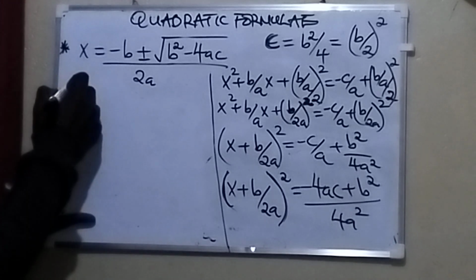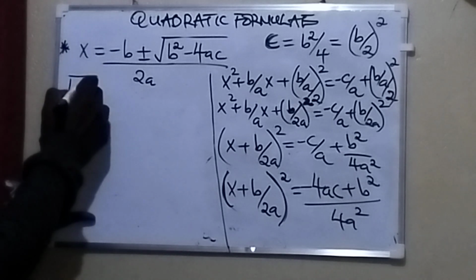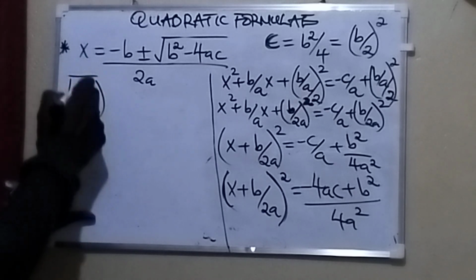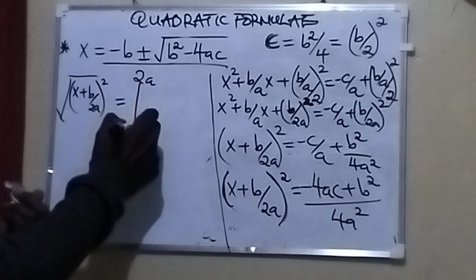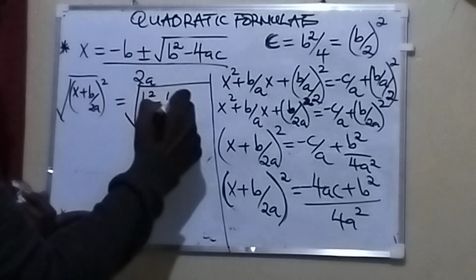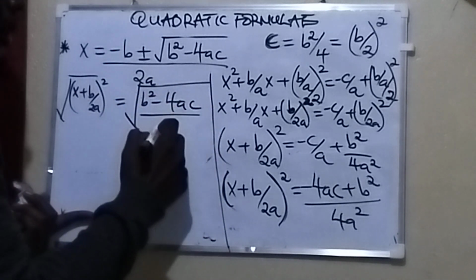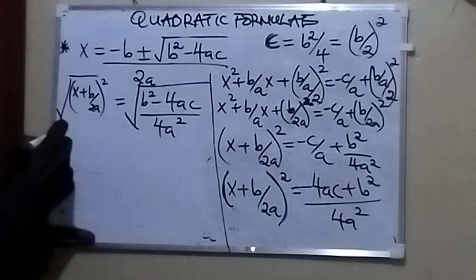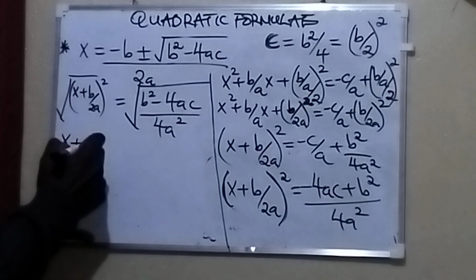The square root of x plus b over 2a squared is equal to, on this side, b squared minus 4ac over 4a squared.